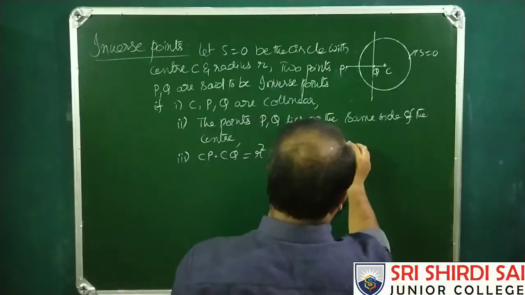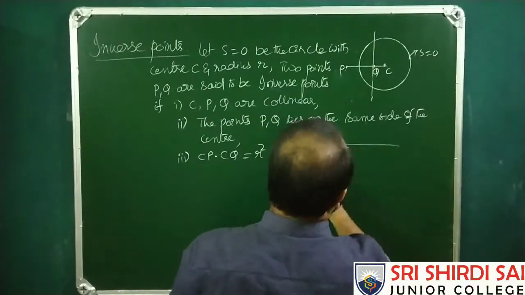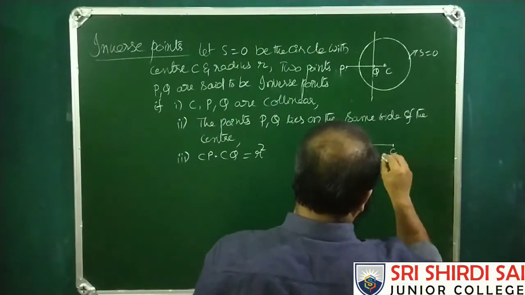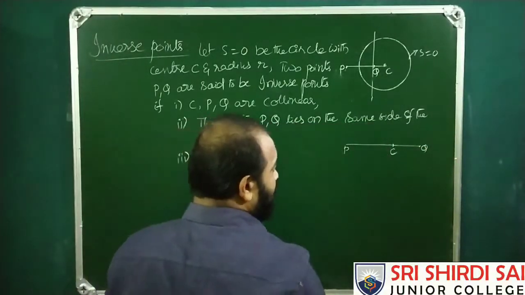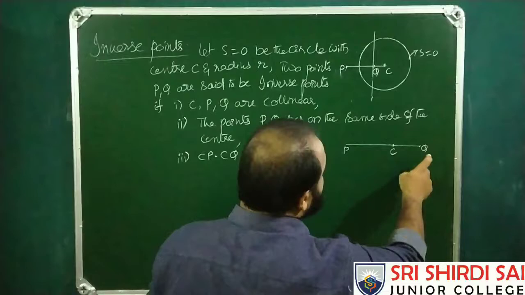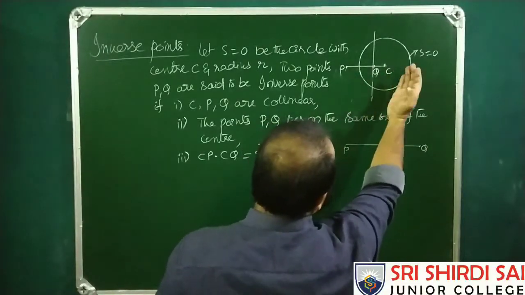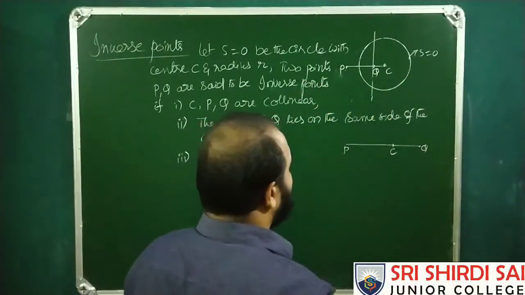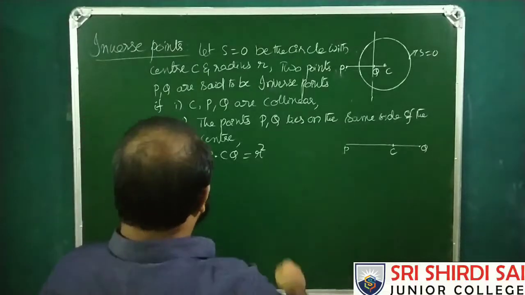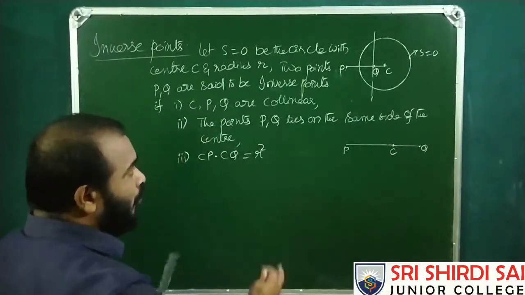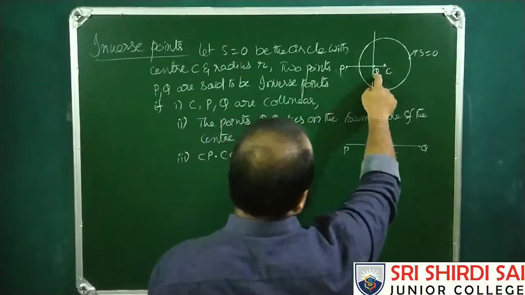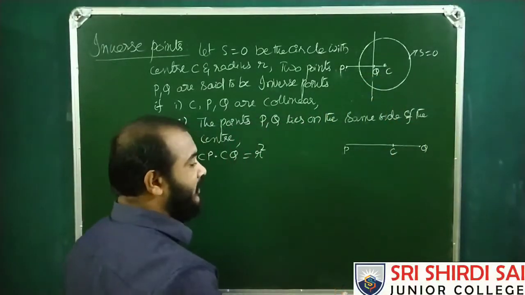It is not like, if P is this and C is this, Q should not lie here. So P, Q should be lying on the same side of the center of the circle, and CP into CQ is equal to R square. Then those points P, Q are said to be inverse points.